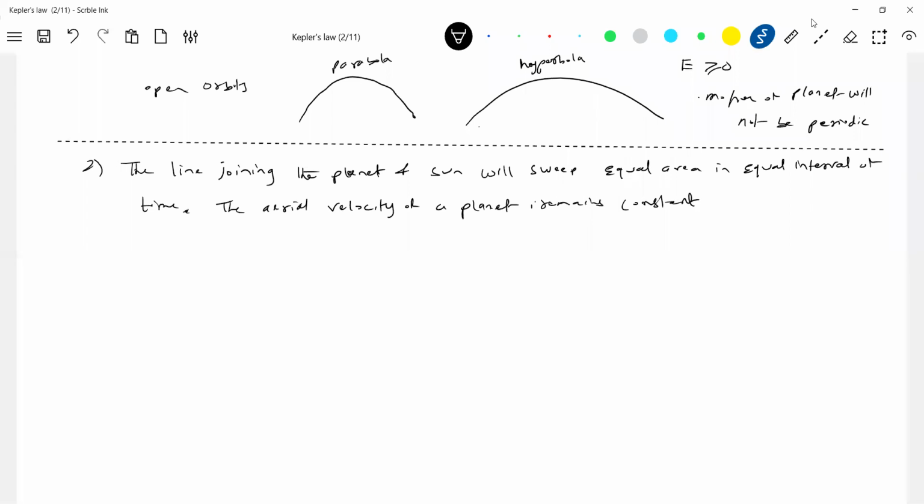We'll see how this is going to help us a lot. The areal velocity of a planet remains constant.